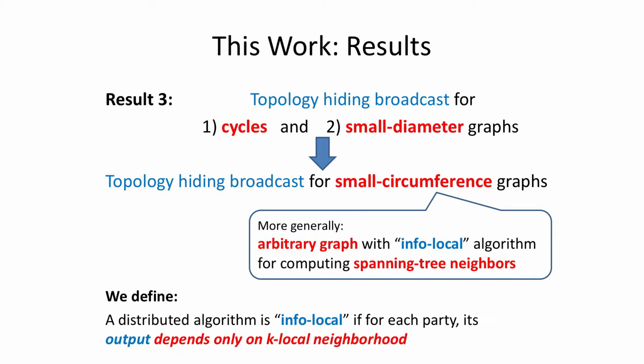Our second reduction shows that if you have topology-hiding broadcast for cycles, and topology-hiding broadcast for small diameter graphs, as we have from the work of Moran et al. TCC 15, then we can have topology-hiding broadcast on small circumference graphs. And again, this is actually more general. The result holds for arbitrary graphs, as long as we have an info-local algorithm for computing spanning tree neighbors.